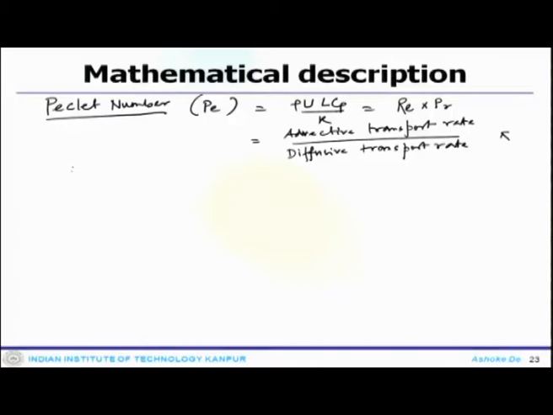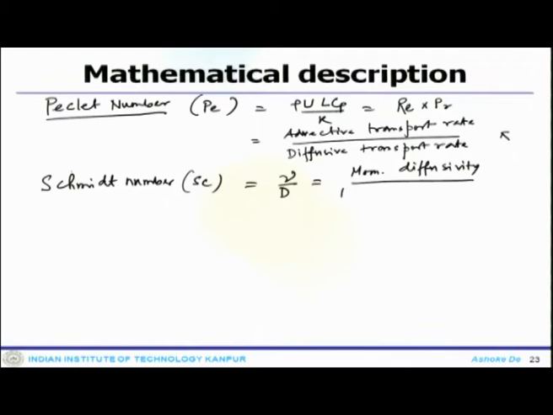Now, once you go back, there will be another number called the Schmidt number. That is Sc. This is again the ratio of the momentum diffusivity to mass diffusivity.